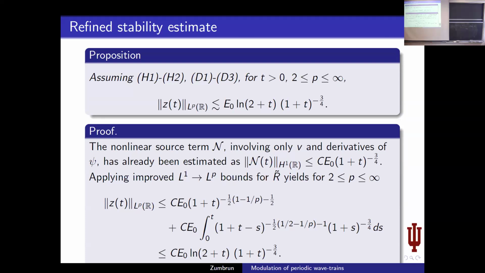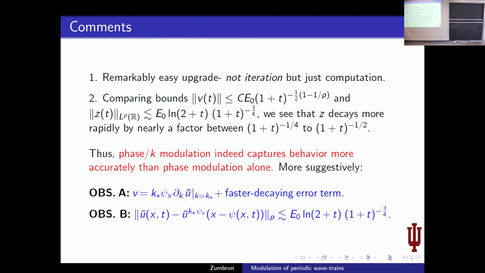It's not an iteration anymore, it's not implicit. It's just writing it in Duhamel form and estimating. So this upgrade was really easy compared to all the other stuff. It's just a computation. And we see it's faster. Ignoring the log term, it is T to the minus 1/4 to T to the minus 1/2 faster.